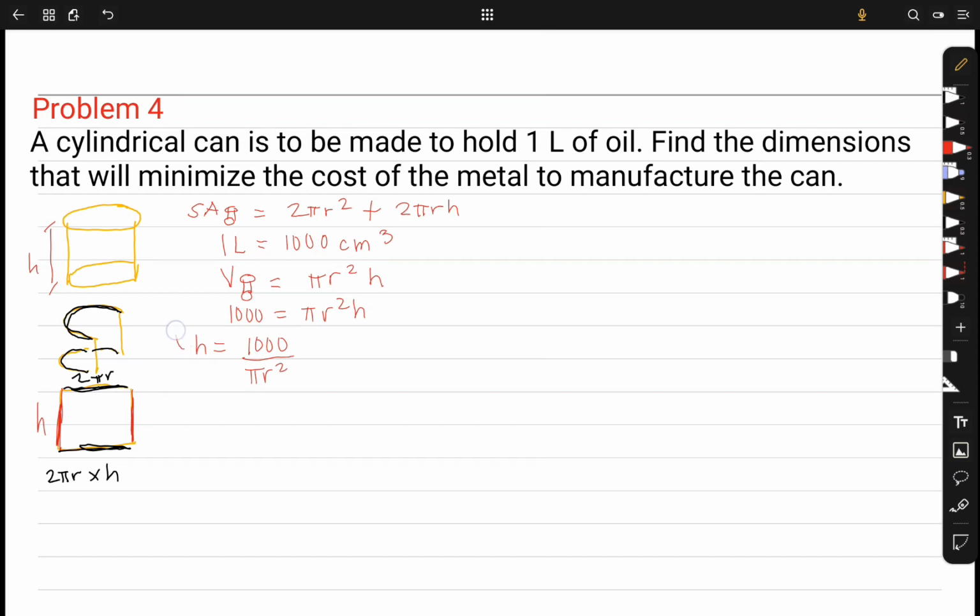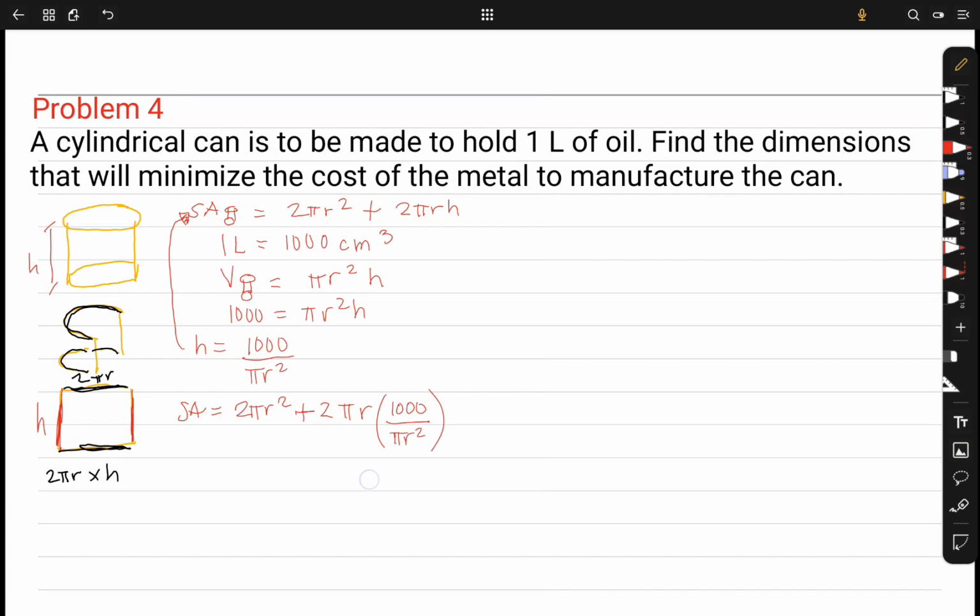So, from here, ito yung h natin. Siyempre, again, ipang sasubstitute natin siya dito sa ating surface area. So, substitute natin. Surface area will be 2 pi r squared plus 2 pi r times 1,000 all over pi r squared.